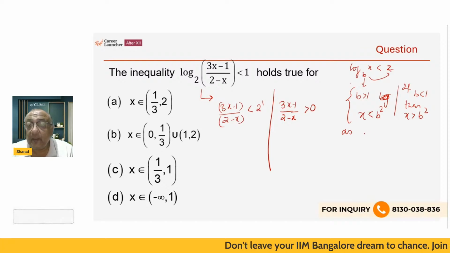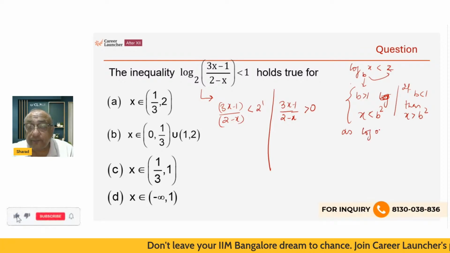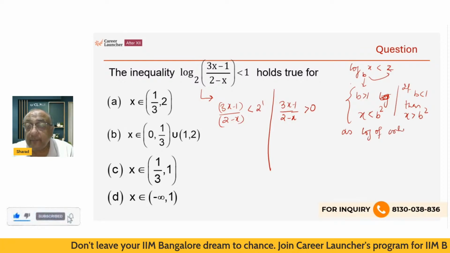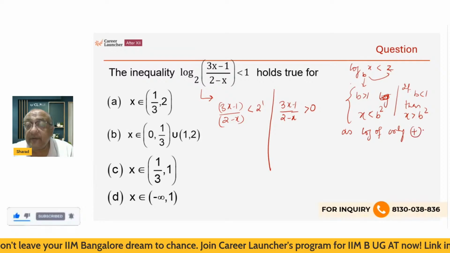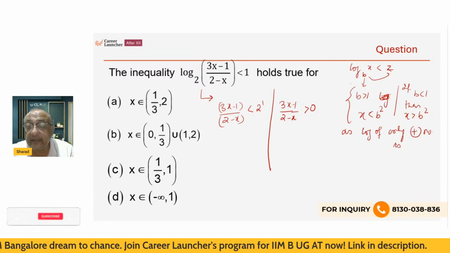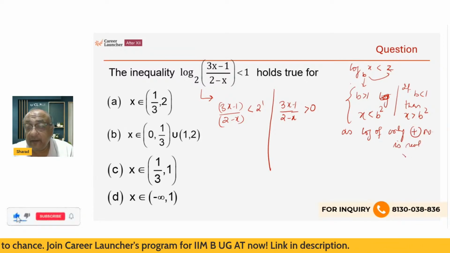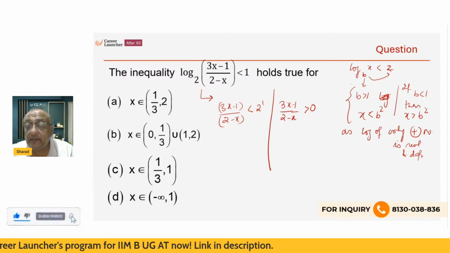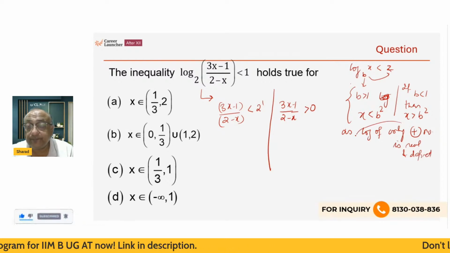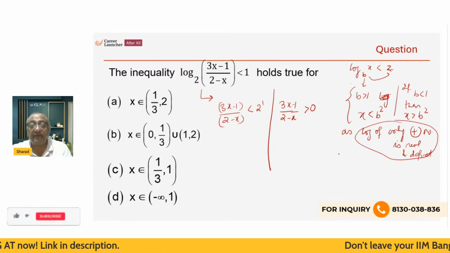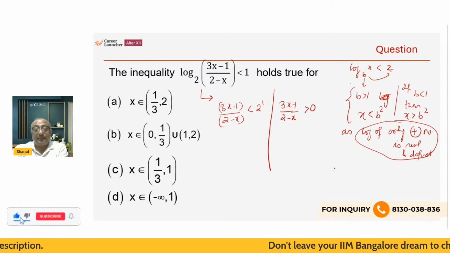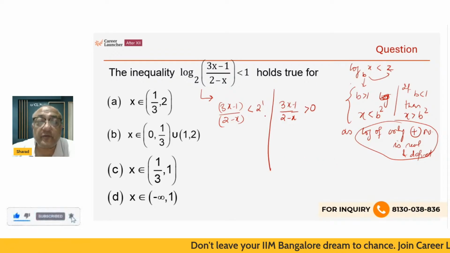As log of only positive numbers is real and defined. Real and defined. Please note it down somewhere. That number, if I am taking log, has to be positive. So I have to solve two inequalities.